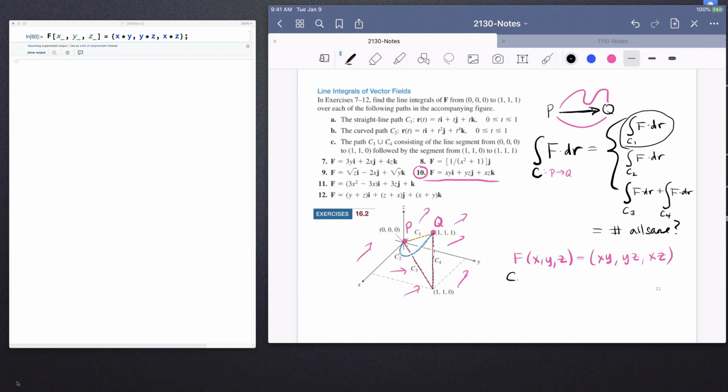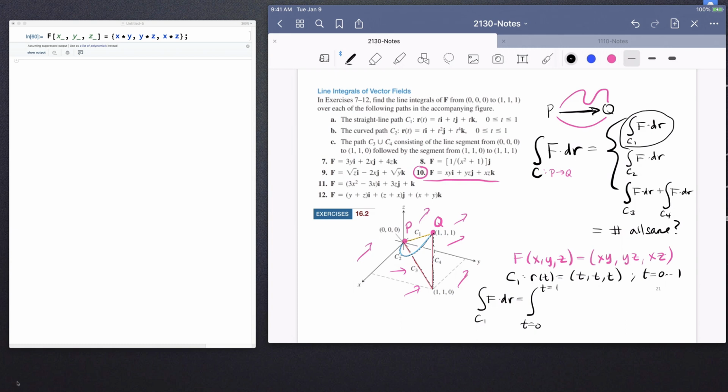C1, if you parameterize it, is the line that goes from 0, 0, 0 to 1, 1, 1. So t, t, t is the parametric form of that line, and t goes from 0 to 1. If we were to set up the line integral along this path, we would integrate from 0 to 1.